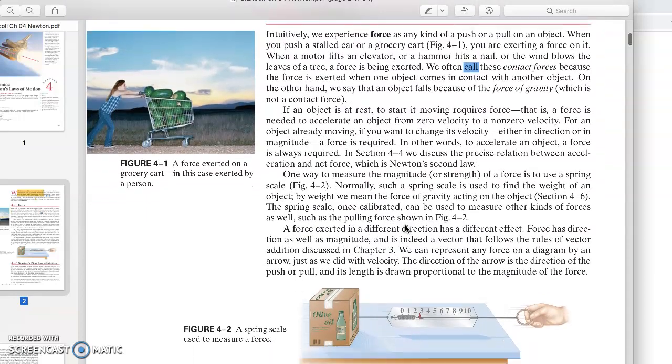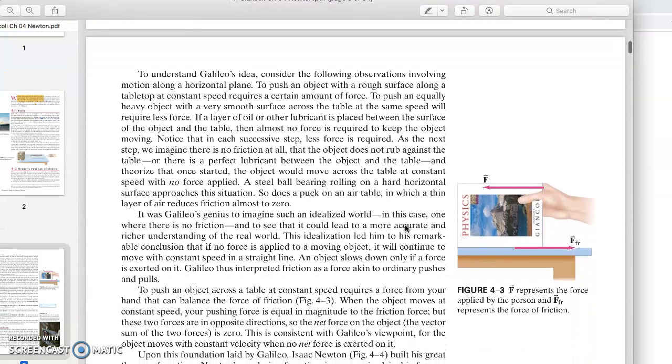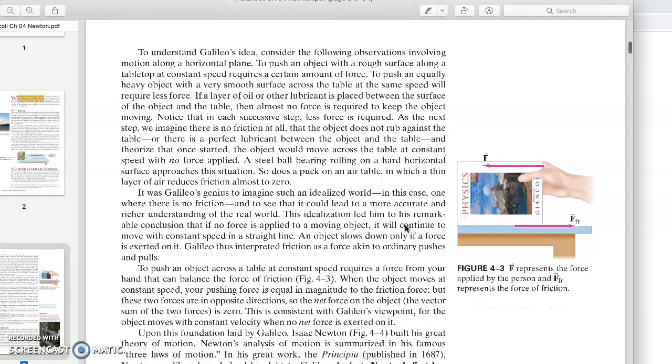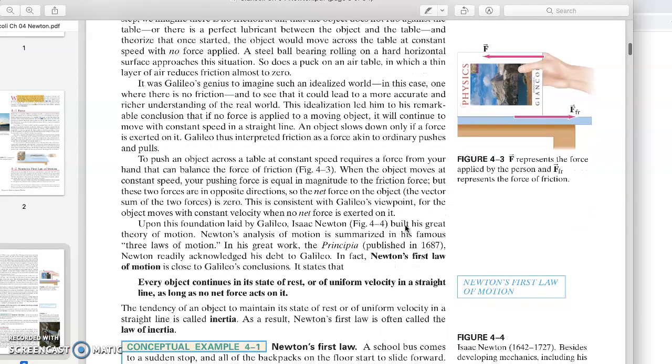I will skip this section for a minute. This is Newton's first law of motion, and here the book is basically mentioning, of course, the force of friction, because this is the thing that we cannot avoid in real life.